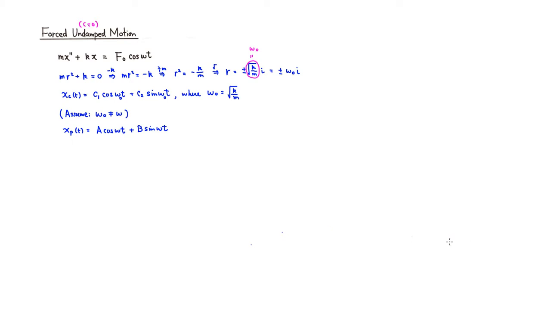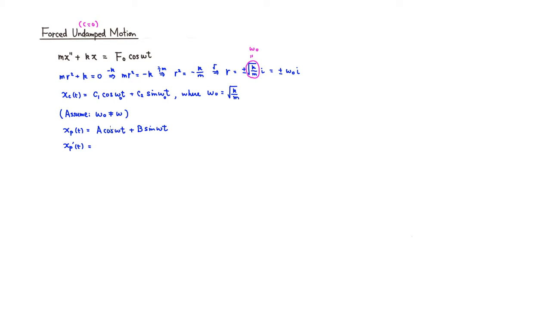So once you get the form of a particular solution, we're going to take a couple derivatives and plug it into the equation so that we can find a and b. All right, so let's do that. First derivative, x_p prime of t is equal to, right?